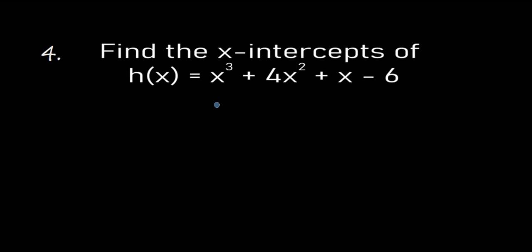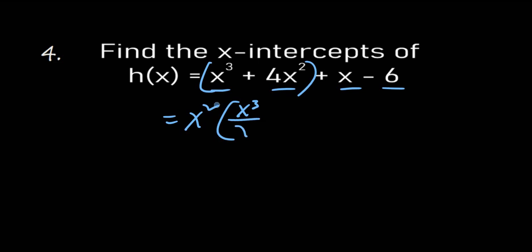Okay, now let's try. Since we have 4 terms, we can factor by grouping them in twos. The GCF of x cubed and 4x squared is x squared. Write your GCF and divide each term by the GCF.